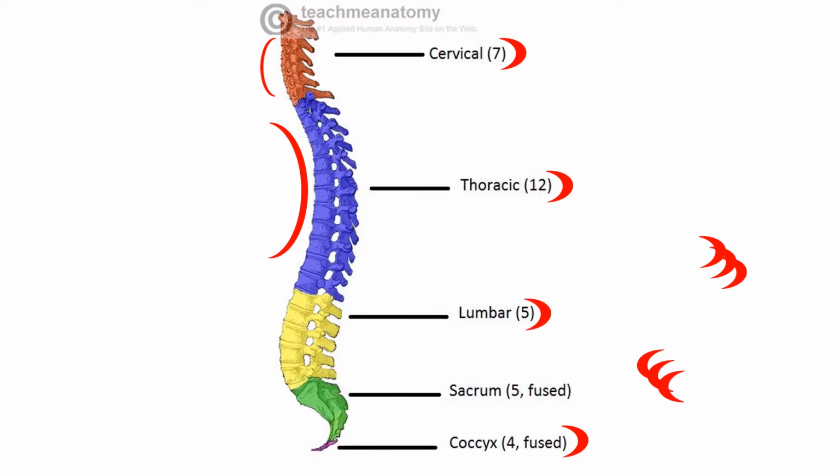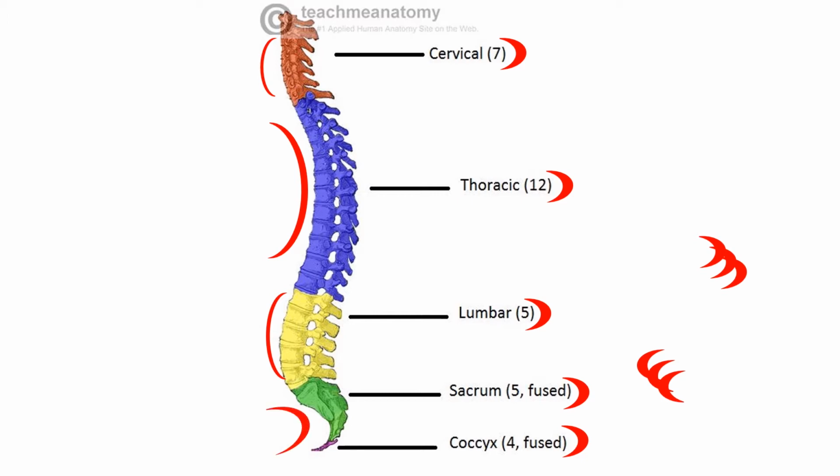Lower down is the lumbar region, which is made of 5 vertebrae, and you may notice that as you come down, the vertebrae get larger, and the lumbar area is in lordosis. That means it is convex anteriorly. Then we have the sacrum. The sacrum is made of 5 vertebrae which are fused together to form a single bone, in the pelvis.